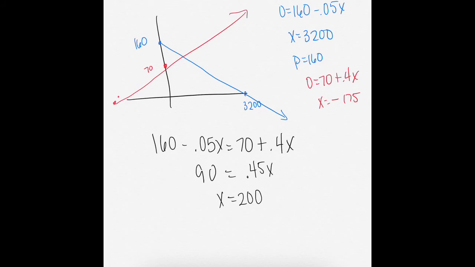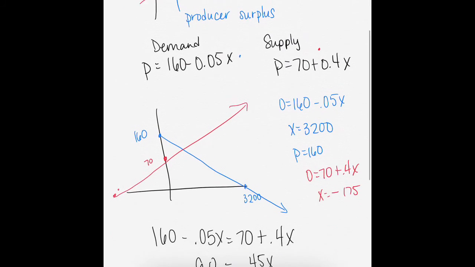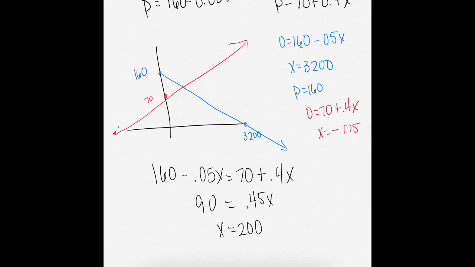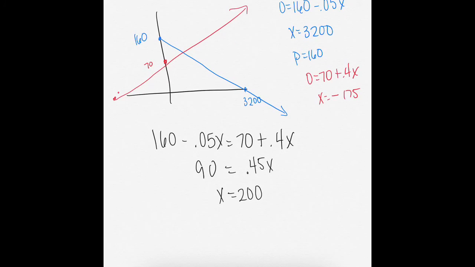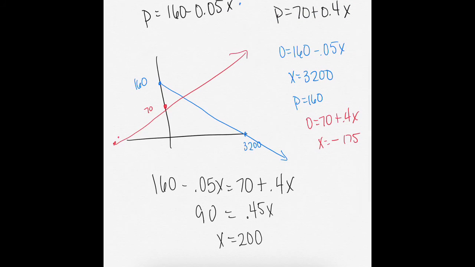So that will be the x value. But remember, we wanted the horizontal line. So if we plug in 200 into one of our equations, it doesn't matter which one because they should be the same. I'm going to say p equals 70 plus 0.4 times 200. So then we come up with 150. So p equals 150 is that horizontal line right here.